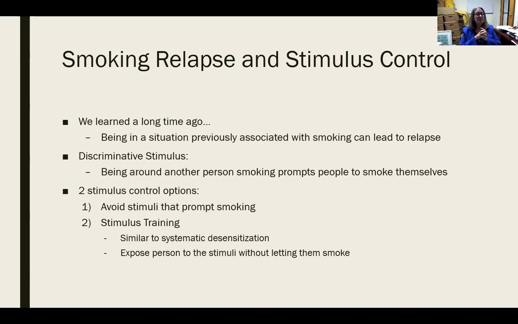You can see how stimulus training is probably going to work better than avoiding stimuli that lead to smoking. What you're doing is training yourself to not smoke in situations that are tempting until eventually they're not even tempting. Okay, so that is chapter 11.